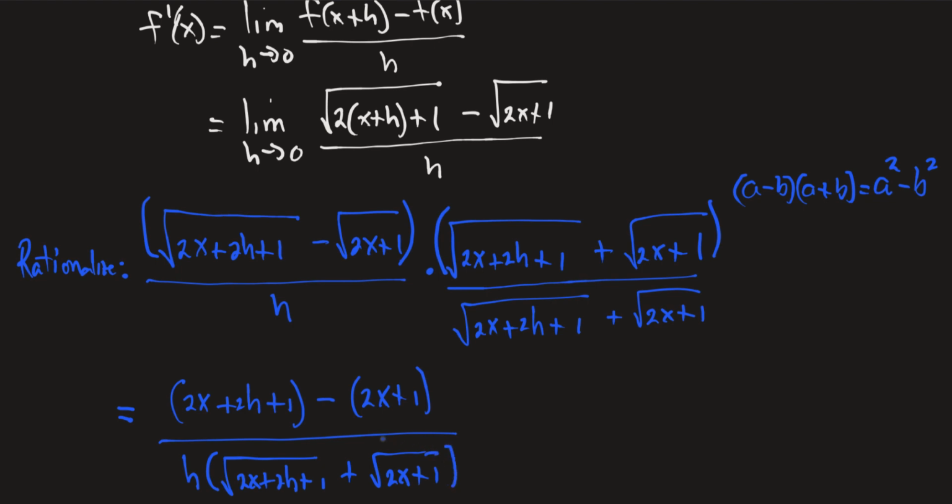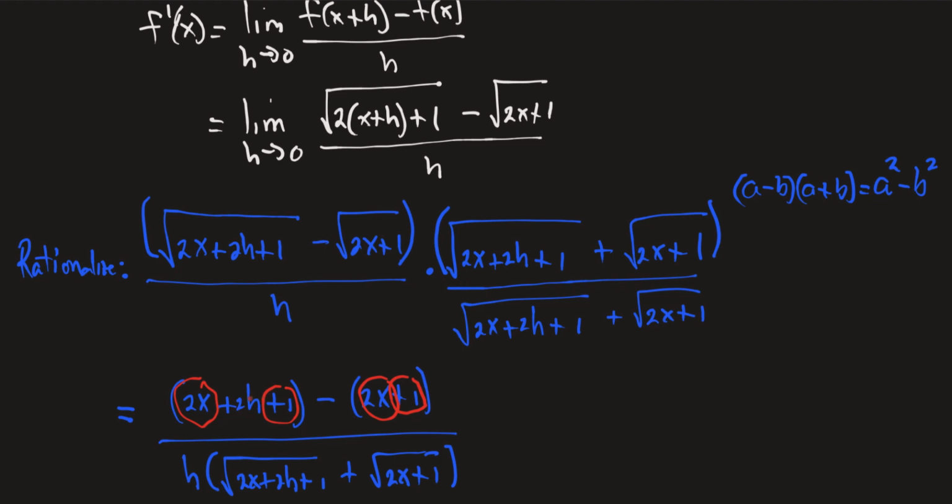All right. Now look at what happens in the numerator. Something similar happens in this numerator as well, similar to what happened in the numerator in our previous problem with the polynomial. Look, we have a 2x minus 2x. And then we have a plus 1 minus plus 1. So look at what we're left with in the numerator.